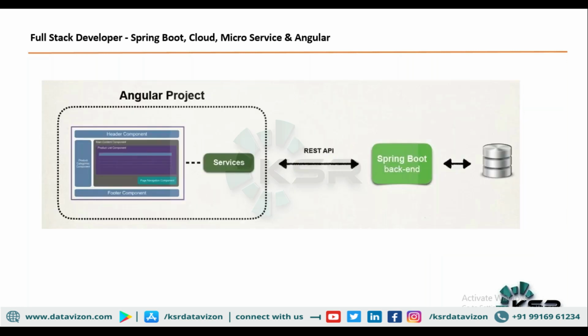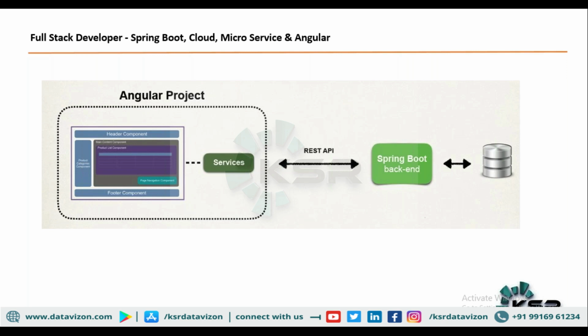So how will integration happen? This is the high level framework, how the Angular project can interact with Spring Boot, and then Spring Boot interact with the database. So Angular, we'll go in depth and see how a page or layout looks like, and the corresponding services created in Angular, which are going to interact with Spring Boot using your REST API call.